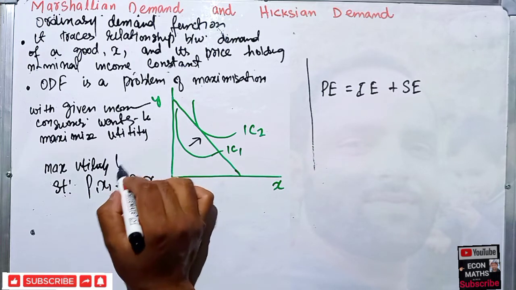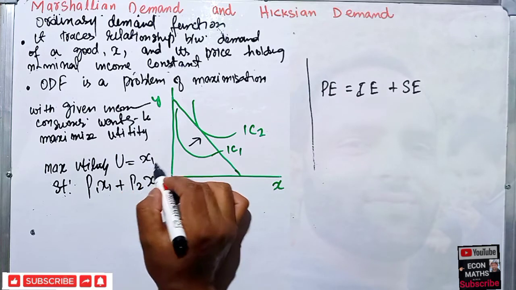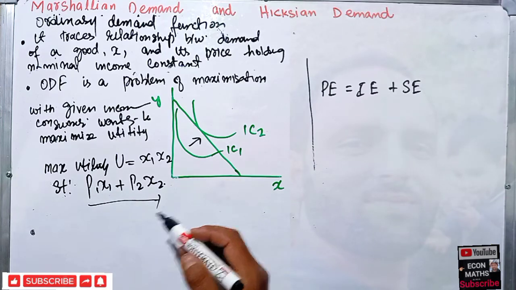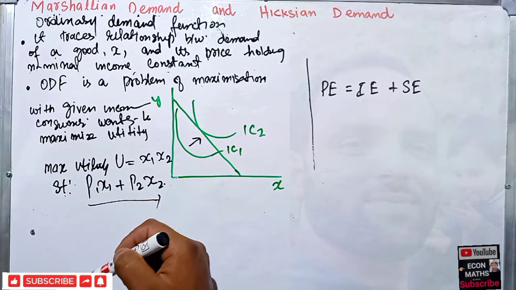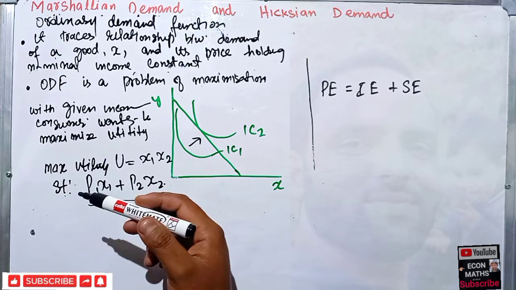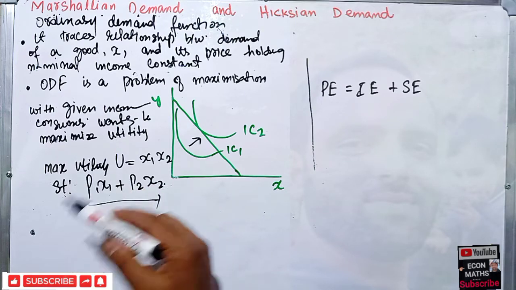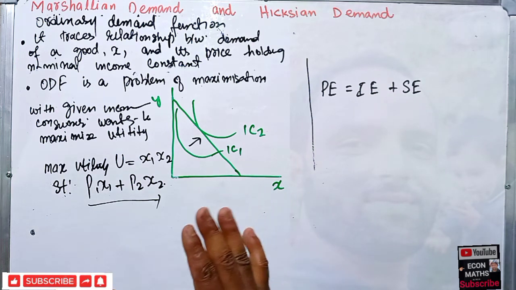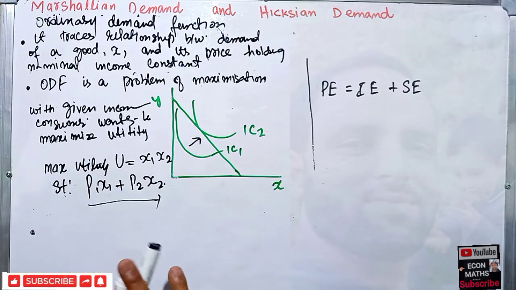Okay, maximize utility, let us say x1 and x2. So with given budget or with given income, the consumer wants to reach the highest indifference curve, or we want to maximize the utility. Okay, so two effects take place in case of the Marshallian demand, or what we call the ordinary demand function.